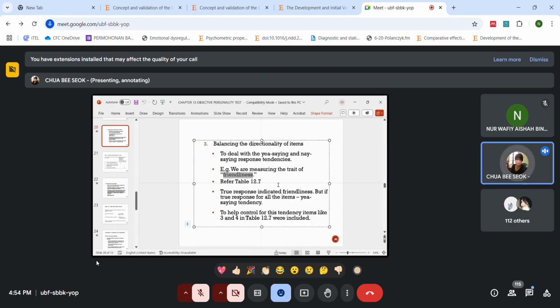Honest answer, suppose it is honest, you will have true for item 1 and item 2 and false for item 3 and item 4, or false for item 1 and item 2 and true for item 3 and item 4. That is the honest answer.